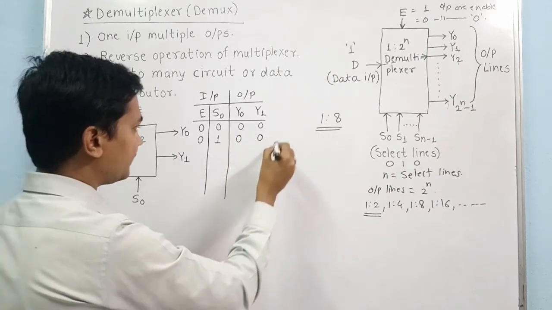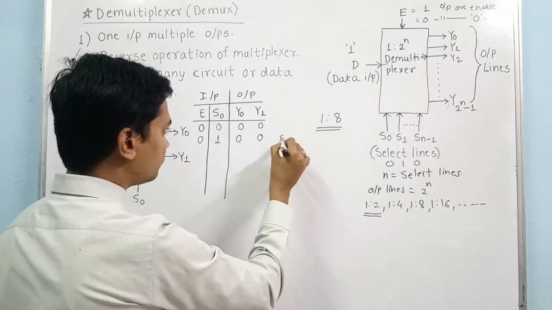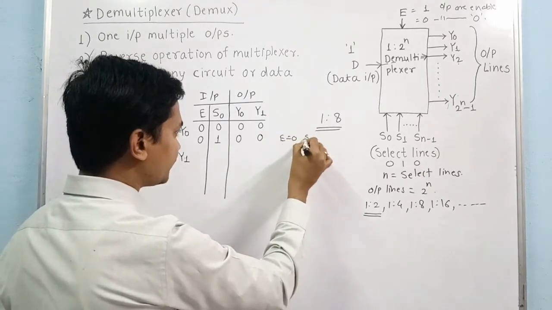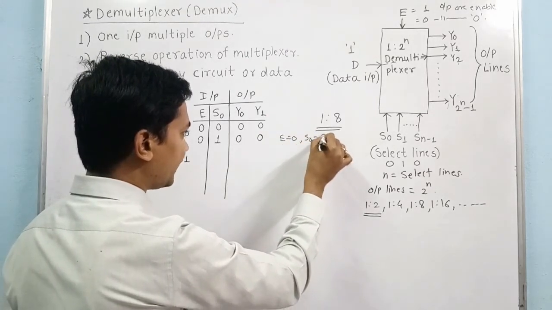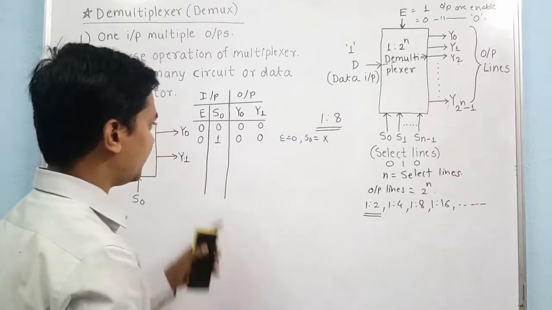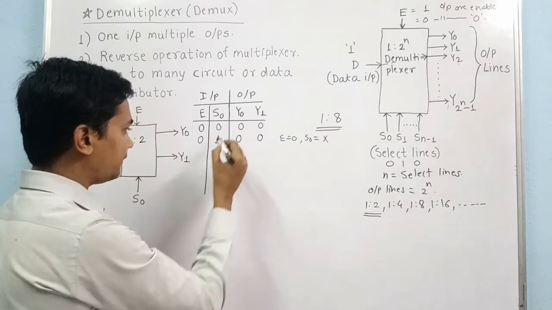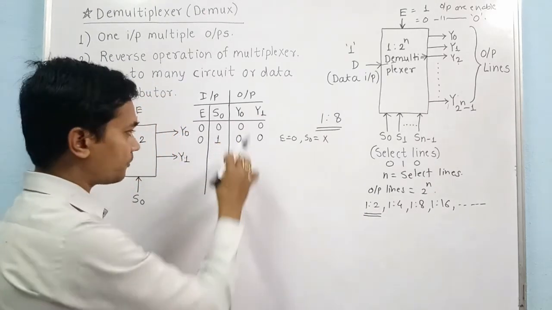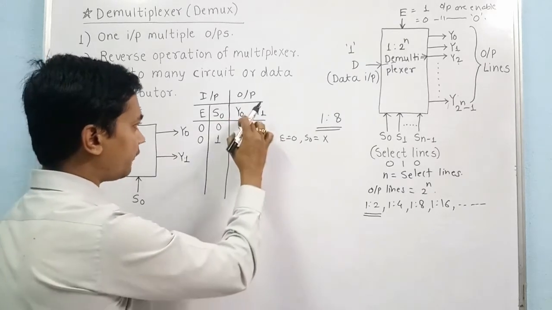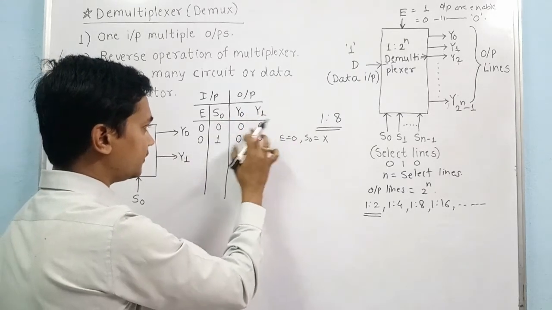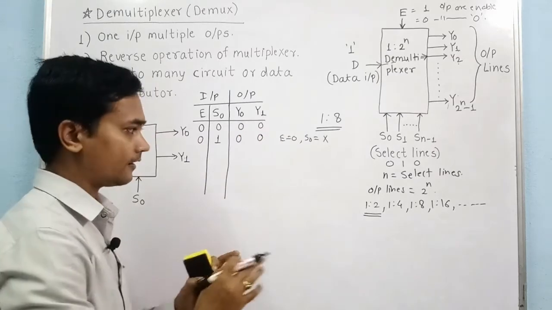That means if enable is 0 and S0 is 0 or 1, that means don't care. Instead of writing 0 and 1 here, I will write don't care for both these cases. Then the Y0 and Y1 lines will be 0 0.